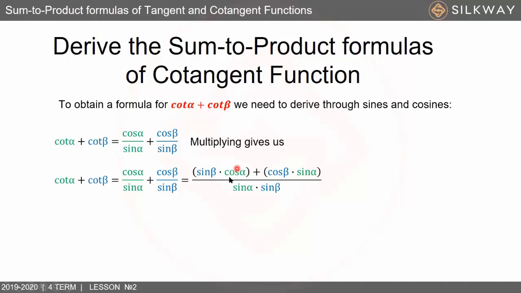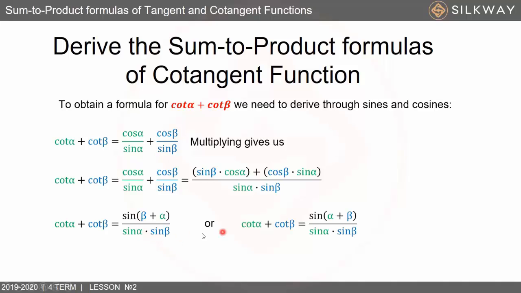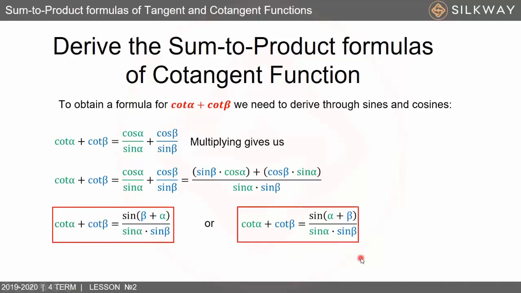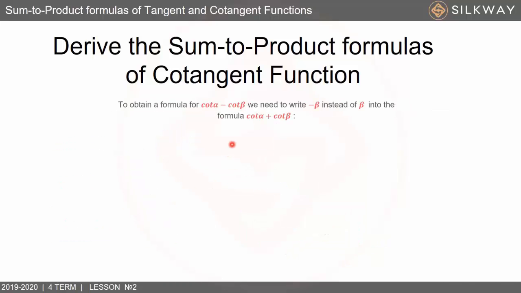This is the sum formula, yeah? This will be sine of beta plus alpha over sine alpha multiplied by sine beta. Or you can write this one like this. It doesn't matter.